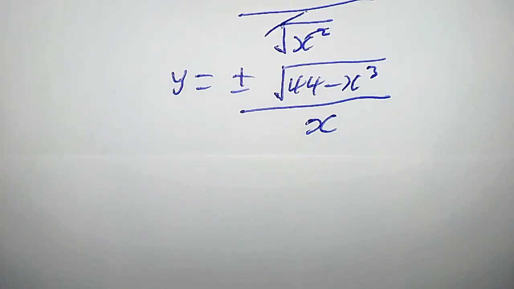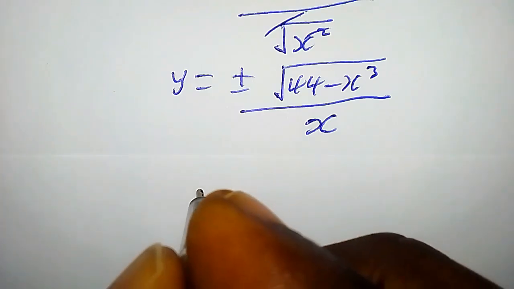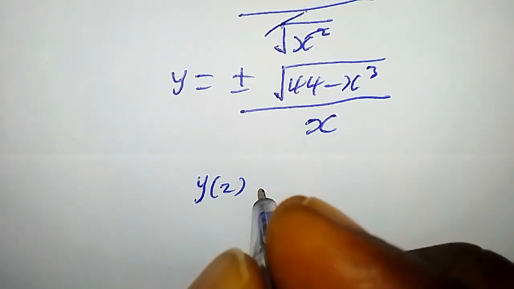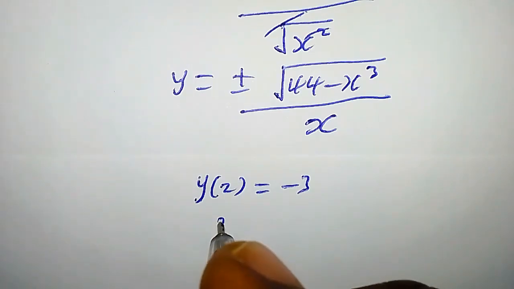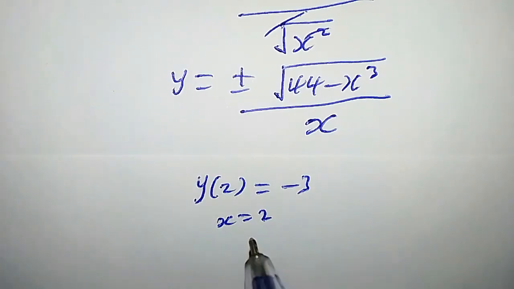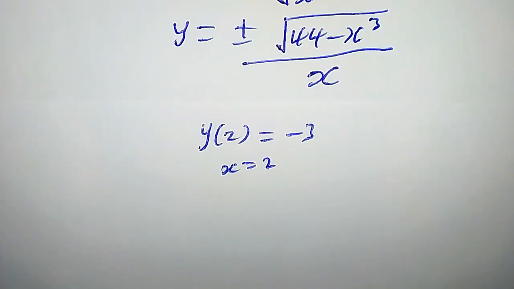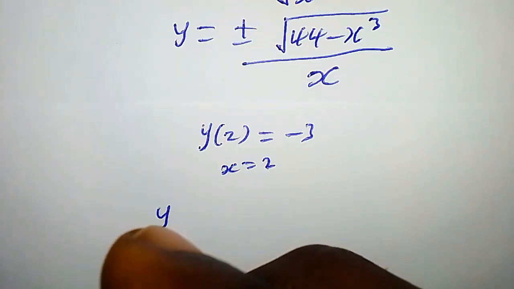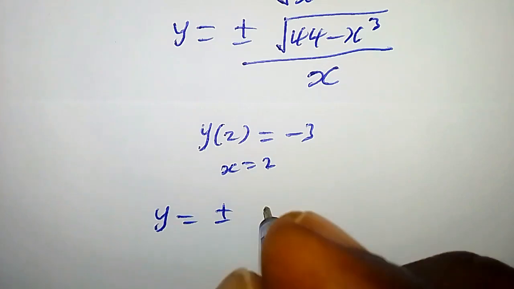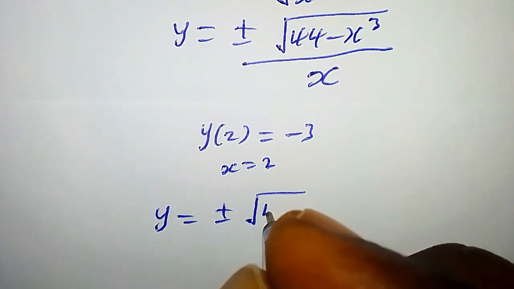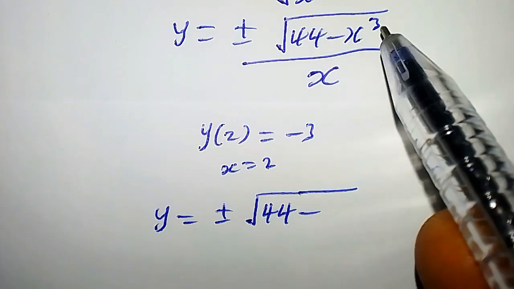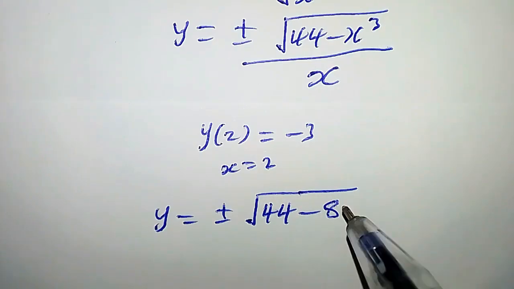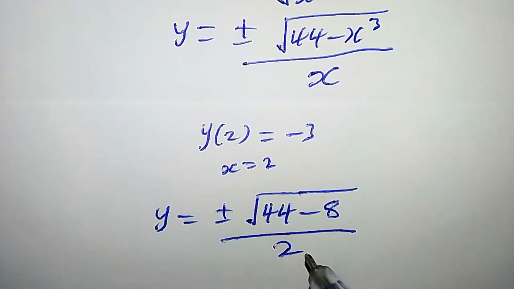Let us test using our initial condition, which is y of 2 equal to minus 3. Don't forget our x is just 2. So plug in this value of x into this right hand side. Let's see what we are going to have. We are going to have y equal to plus or minus square root of 44 minus, if you plug this 2 here, that will be 2 raised to the power 3, which is 8, divided by 2.